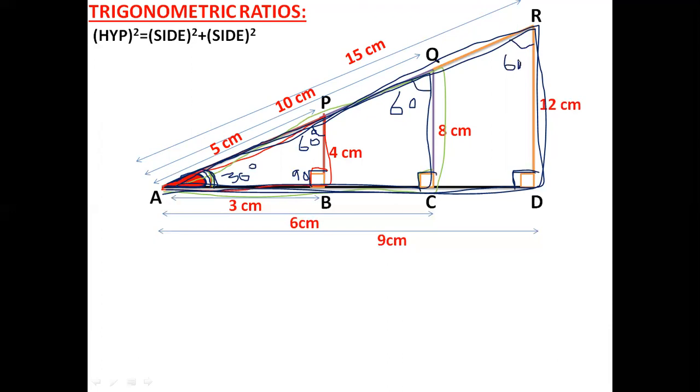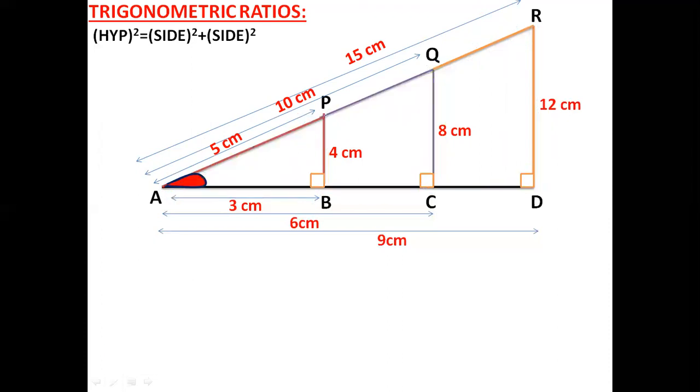So the third angle is also equal in all three right angle triangles. Right. So in two triangles, if two angles are equal, then automatically the third angle is also equal in both triangles.